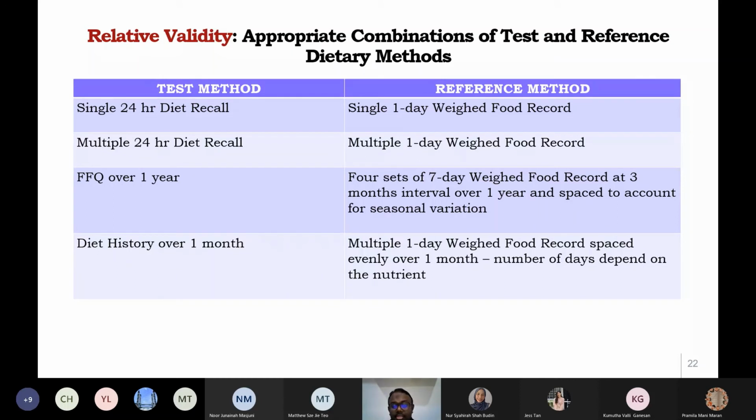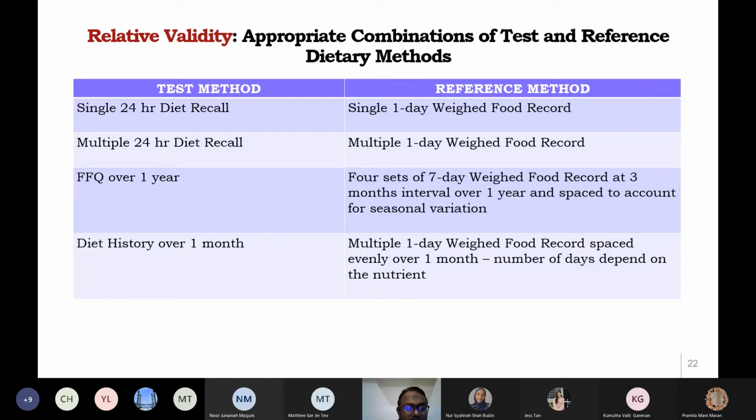So overall you have 7 times 4 is 28 days of weighed food record over a year, and that year is divided into 3-month intervals. So you have 4 sections, and you also must give some space to seasonal variation.